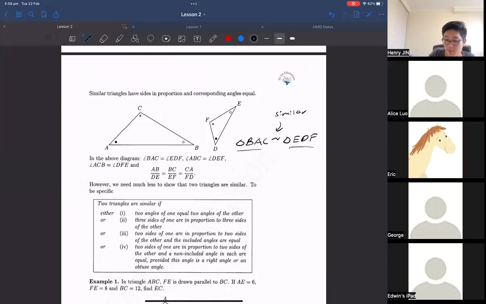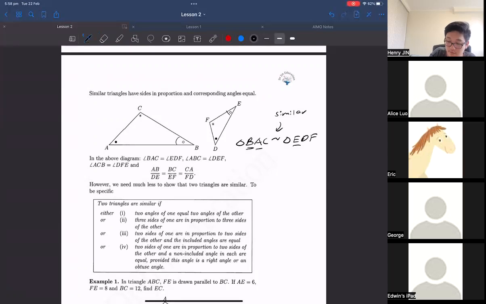So you see how I wrote it this way. Don't ever write something like this way, because you'll get yourself confused and you'll get the marker confused, and that's never a good idea. Always write it so that the first letter of every triangle corresponds, the second letter also corresponds, and also the third. So B corresponds with E because they have the same angle here.